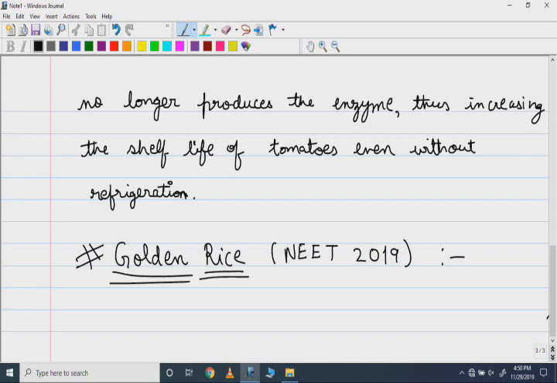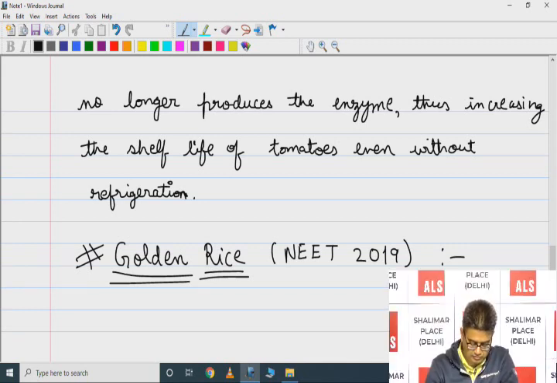Yes, there is the color, but this color has something else also. Alright, so I'll explain what is happening.